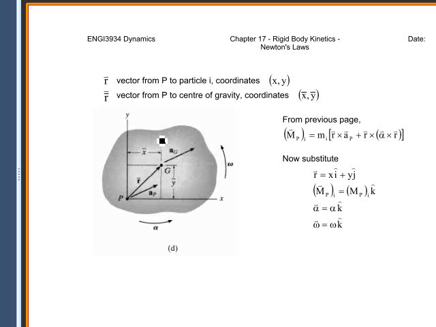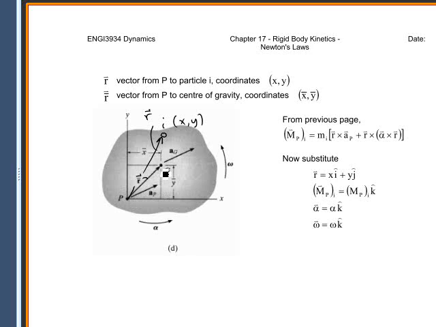So if I draw a particle up here, I'll draw a vector r that's going to go from the origin to particle I, and its coordinates are simply x and y.